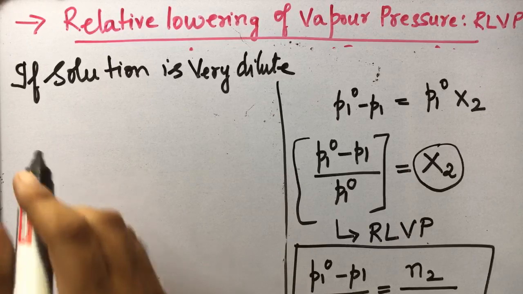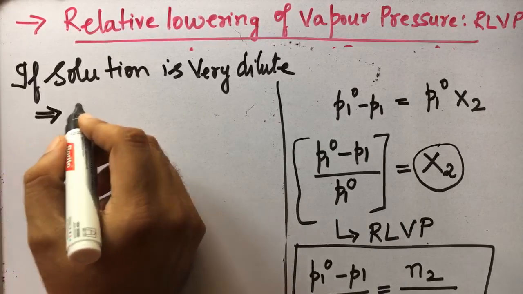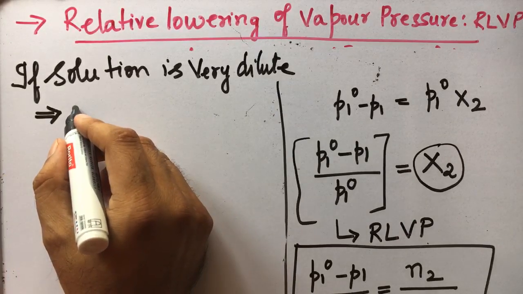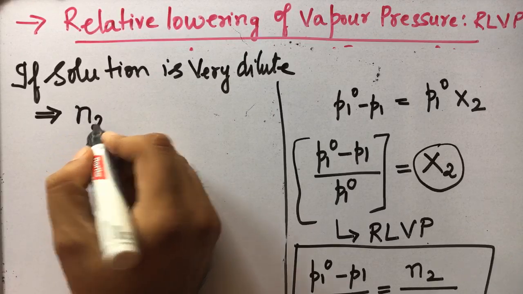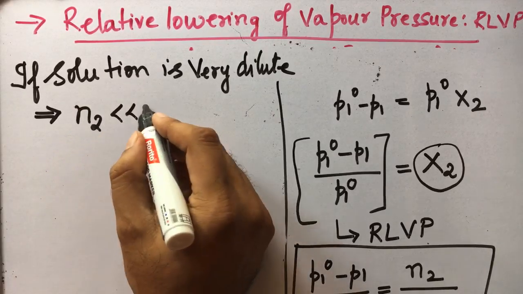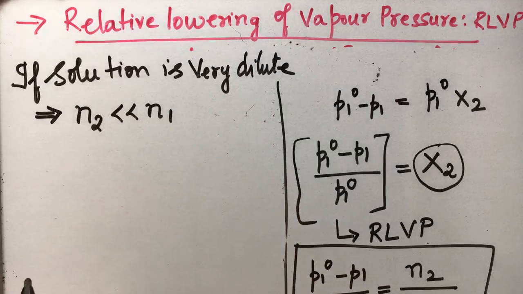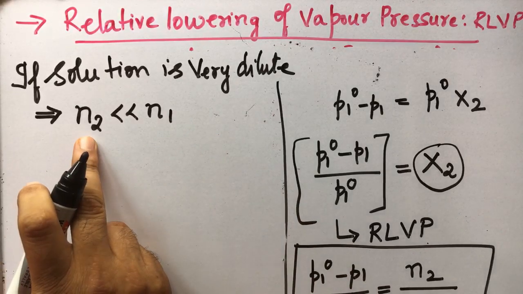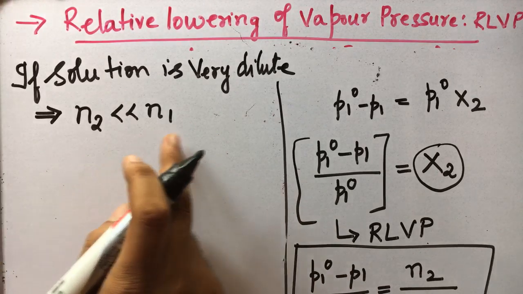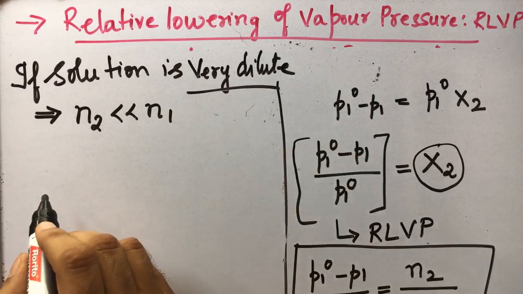Dilute solution implies that the solute that we have dissolved is very little, that is, the number of moles of solute is very much less compared to the number of moles of solvent. If n2 is very much less than n1, this is applicable only for very dilute solutions.